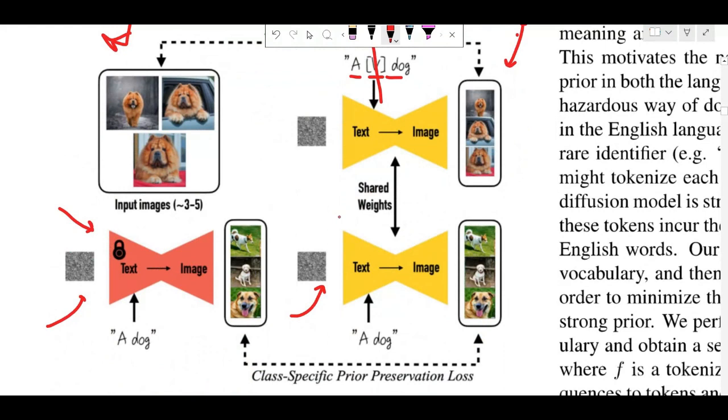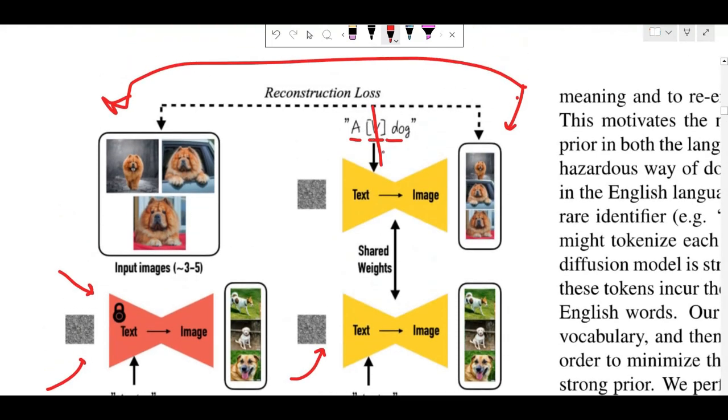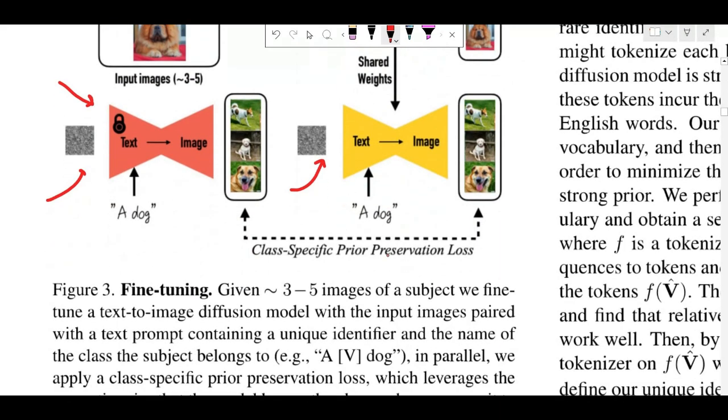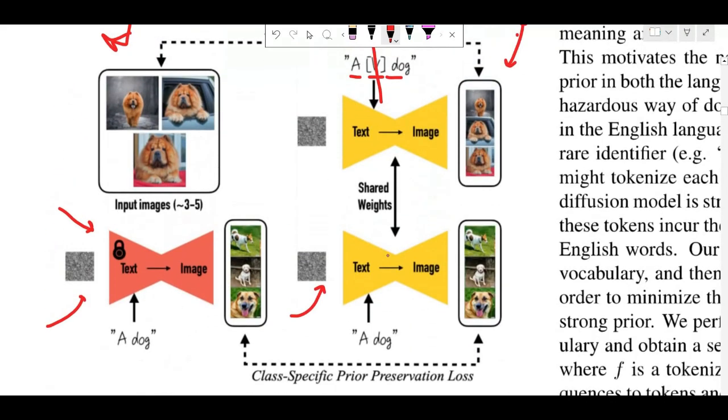This is sort of a regularizer: if we don't have that unique identifier, if we just have a dog as the input, the model's output before fine-tuning and after fine-tuning should be the same. And this allows the model to not forget the old prior it had about that class, its old knowledge about what a dog looks like.